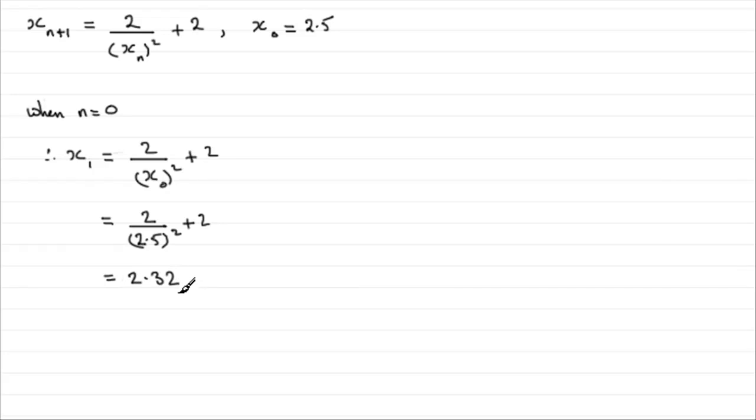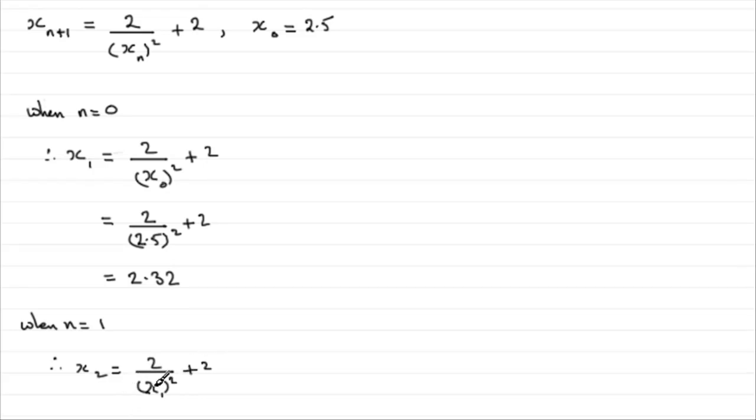Now if I wanted to get x2, then I need to basically set n equal to 1. When n is 1 we get x1 add 1, in other words x2, so we'd have x2 equals 2 divided by x1 squared, and then plus 2.